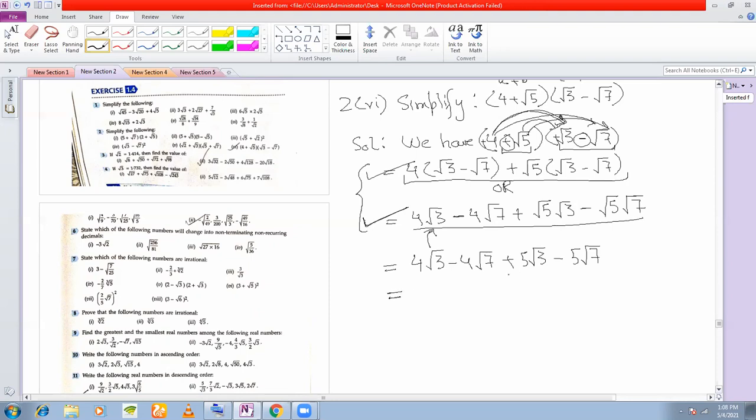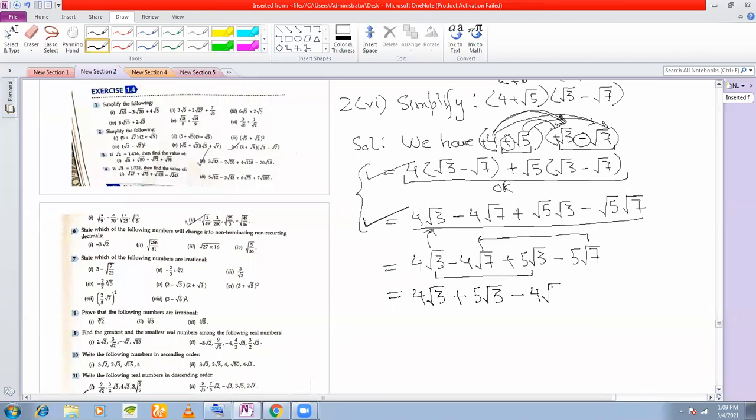Now we look for how to simplify. You see that I have a root 3 here and I have a root 3 here also. Here I have 4 root 3 and 5 root 3, so I'll take them together, just like in algebra we take 4x plus 5x together. And here you have minus 4 root 7 and minus 5 root 7, we'll take them together.